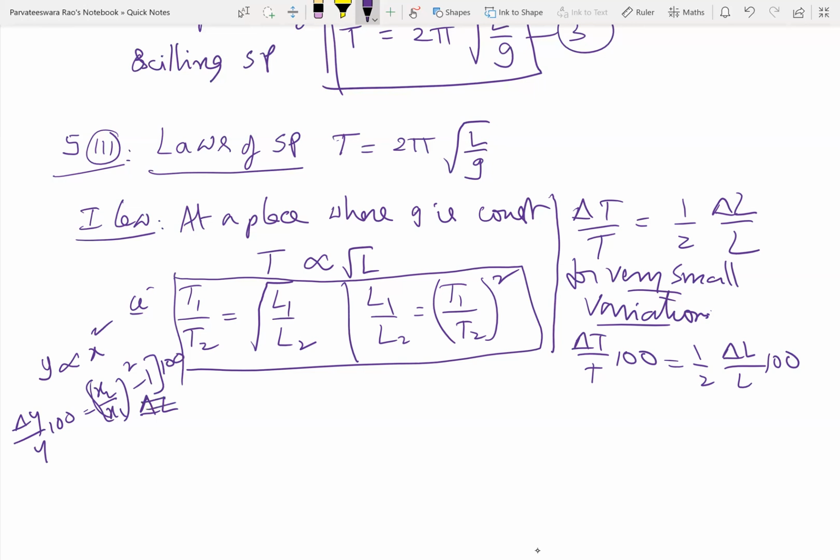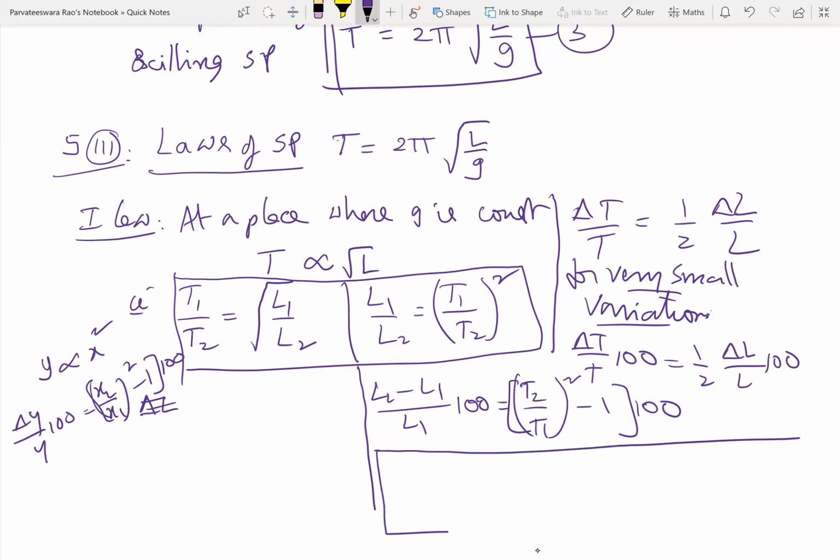So according to that, L2 minus L1 by L1 into 100 will be T2 by T1 whole square minus 1, multiplied by 100.